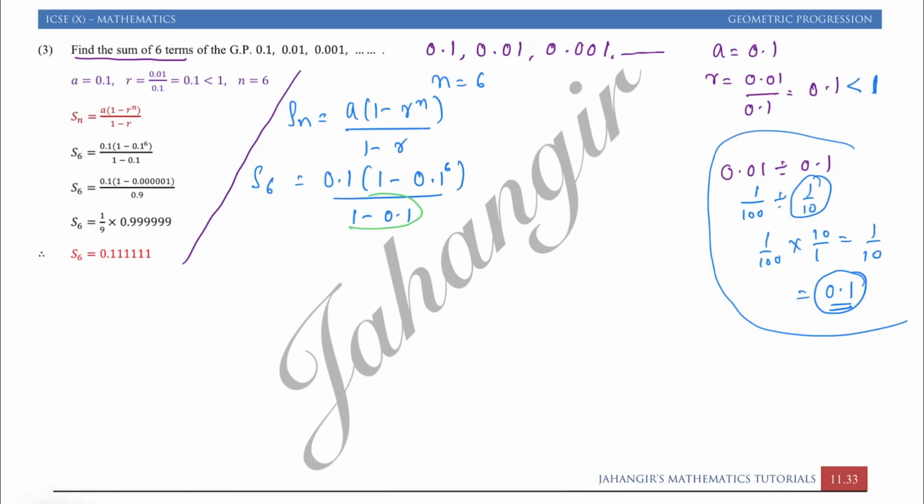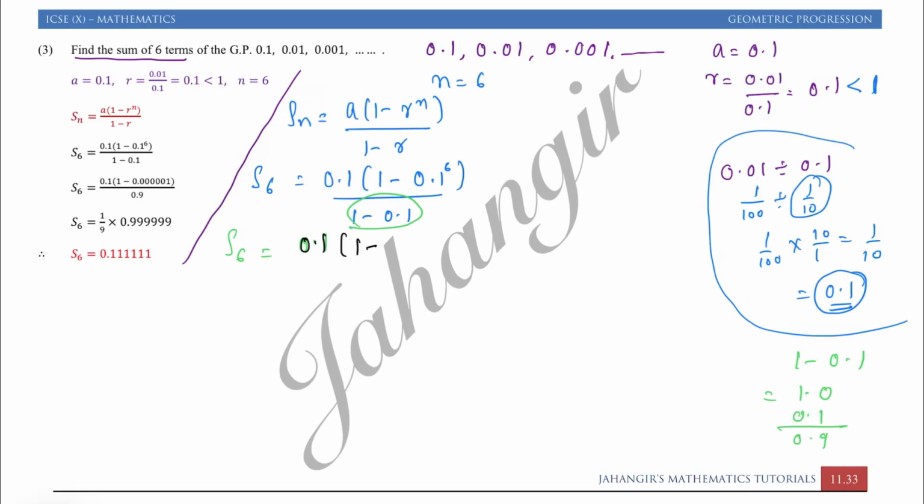So first let us solve the denominator, 1 minus 0.1. In subtraction you can write 1.0 minus 0.1, that is 0.9.